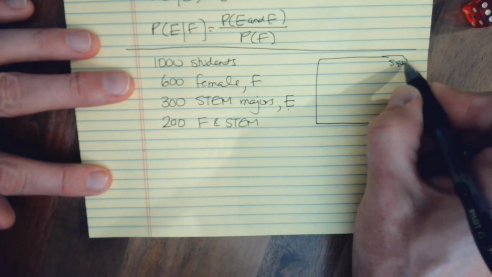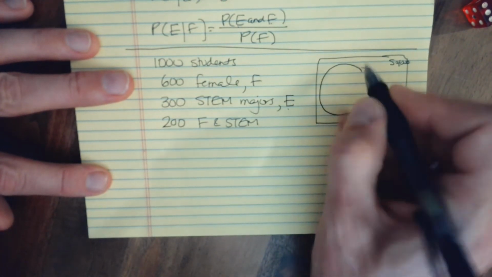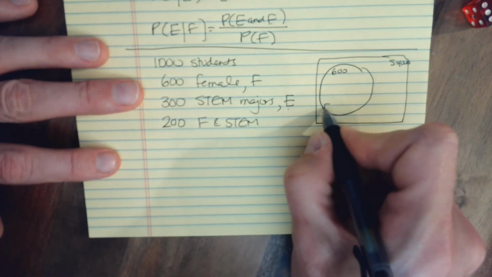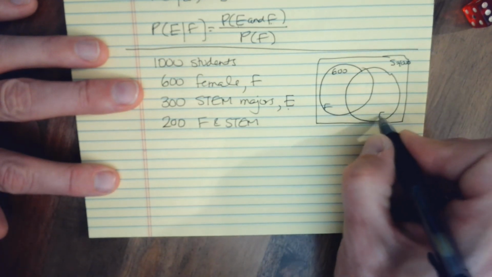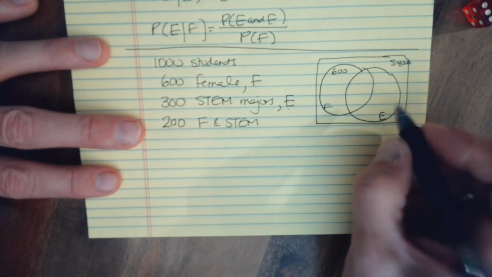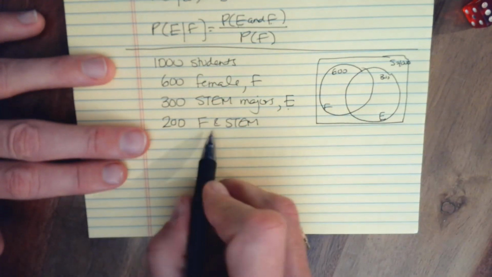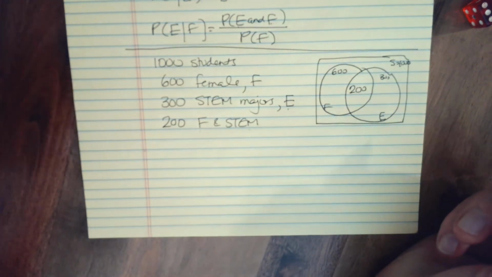There are 1,000 students, and 600 of them are female, so this is F. There's some overlap with the science, technology, engineering, and math majors, of which there are 300. For the female STEM majors, there are 200 in this overlap.